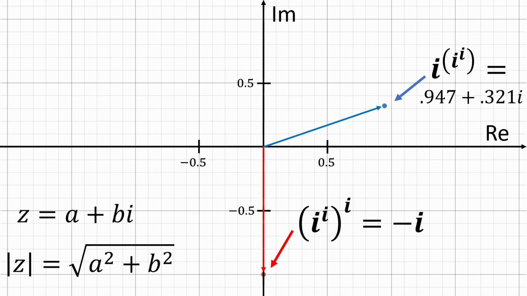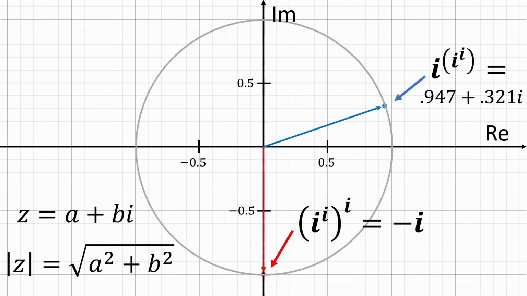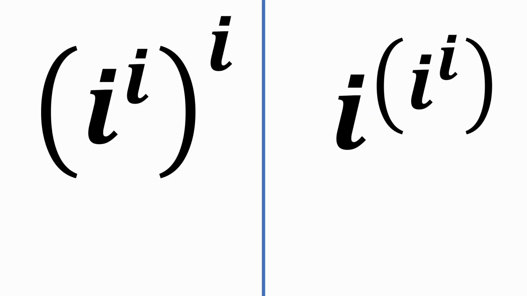In other words, it's just the Pythagorean theorem. You can confirm for yourself by plugging in the values of a and b that in both cases, their respective moduli are equal to 1. Let's draw a circle of radius 1 from the origin to see if this is true, at least visually. Yup, both complex numbers have a modulus of 1.